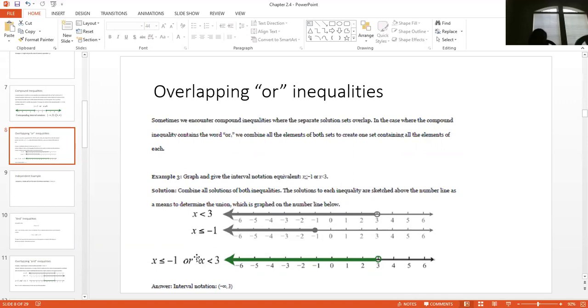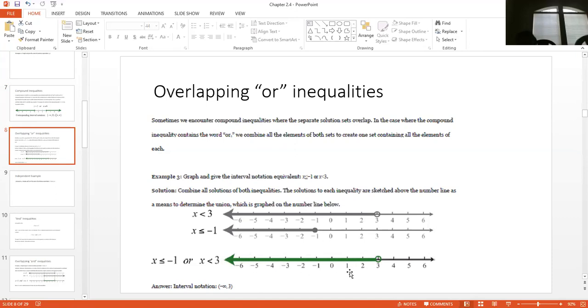Whenever you have an or statement, instead of writing them separately, you can just combine them to say x is less than 3, because all the solution sets for x is less than -1 are included with the solution sets for x is less than 3. So both of these solution sets are combined.